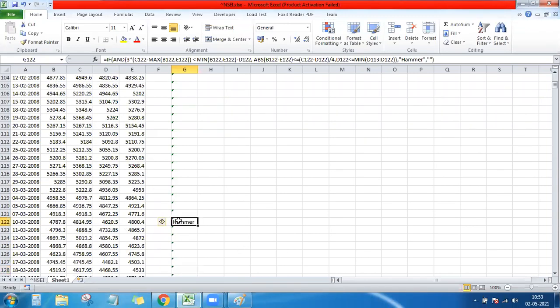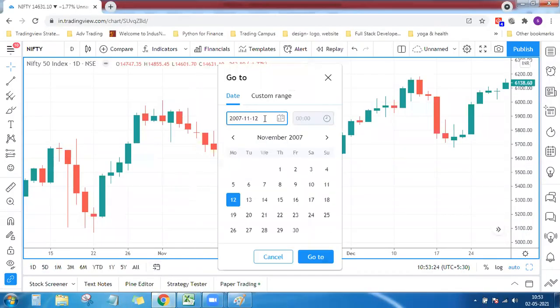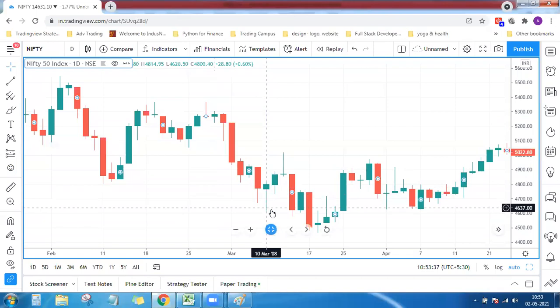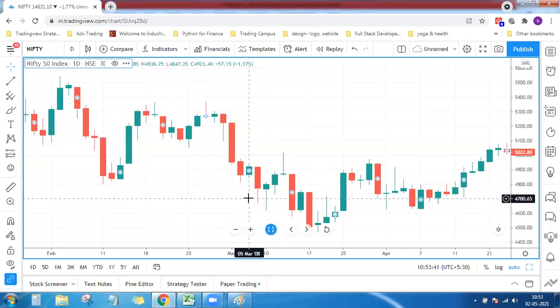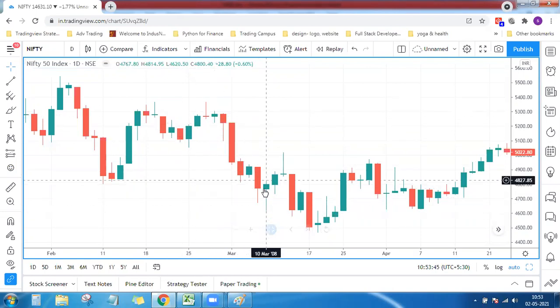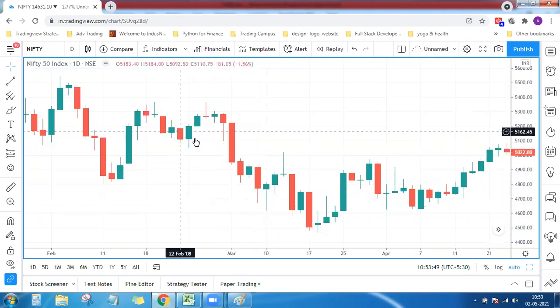Now again, you have the same pattern on 10/3/2008. Here it is. This time it's a green color hammer. Again, there is a downtrend over here because out of the past 10 candles, the current hammer itself has its low lower than all the other low prices.